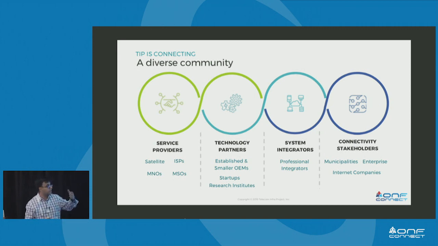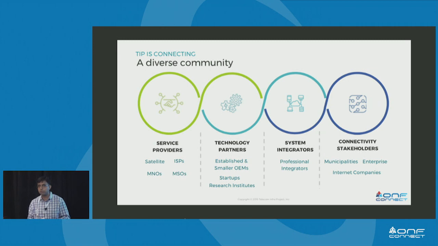Another key component of this community is the system integrator community. As you think about virtualized and disaggregated solutions, the reality is you need that critical glue to stitch these solutions together to offer them to operators. So the system integrators are a really crucial part of this ecosystem, playing a key role.